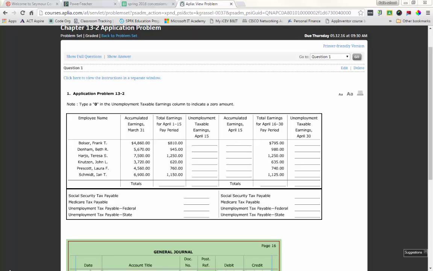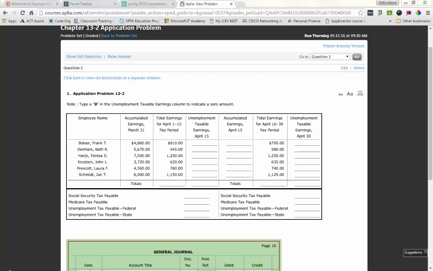I'm going to take my accumulated earnings on March 31st, add their total earnings here to get me this number. Because this is going to be their accumulated earnings prior to this paycheck, because we might have an employee that we pay some taxes on here, but we're not going to pay any taxes on here. Does that make sense? So you're going to take your accumulated earnings March 31st plus your total earnings for April 1st to the 15th, and that number will go there.